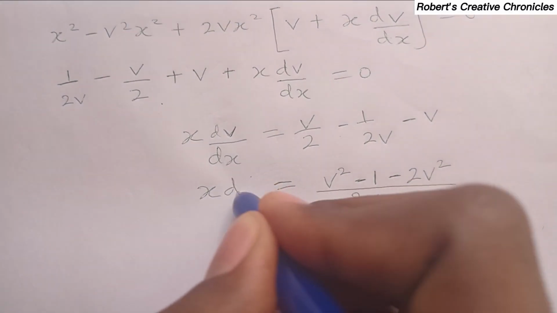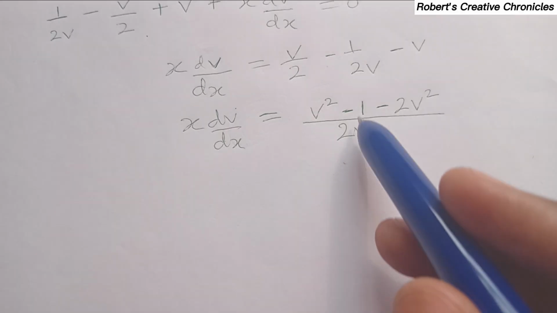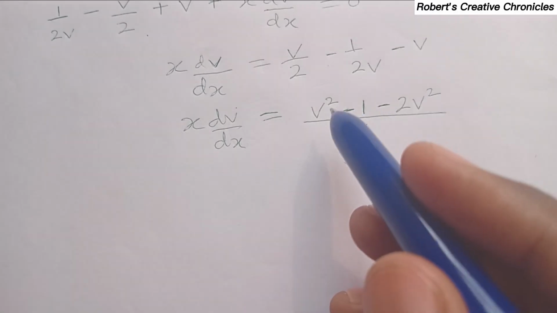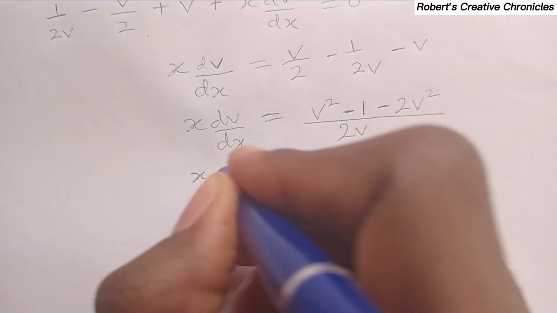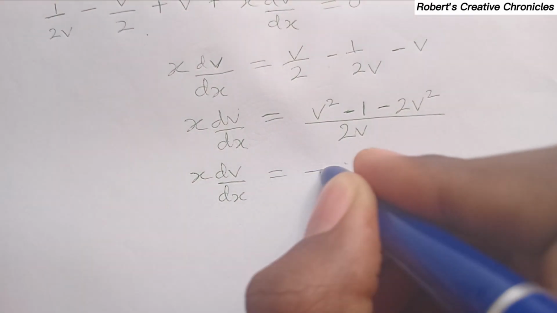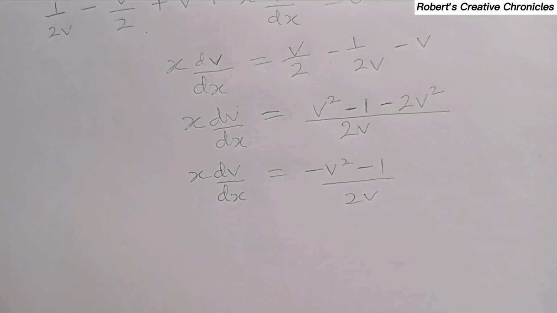So x, the v over the x. So now v square minus 2v square is what? Is v square. So now v square minus 2v square is negative v square. So here becomes x, the v over the x is equal to negative v square minus 1 over 2v.